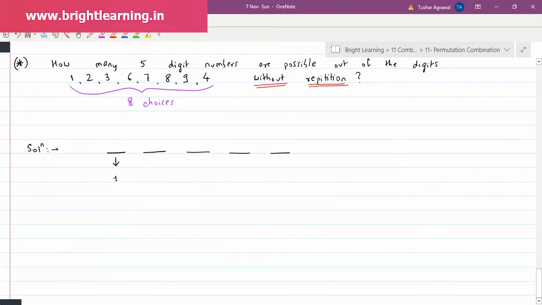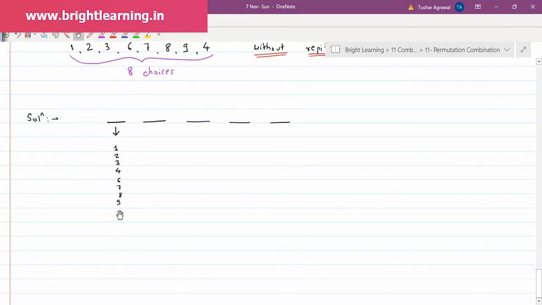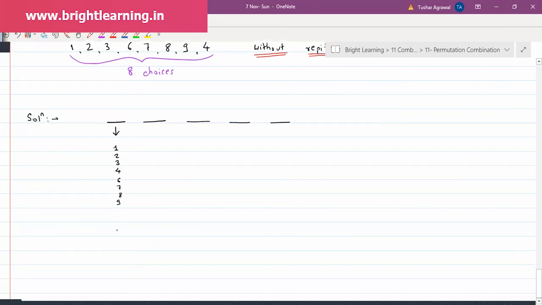The possible digits are 1, 2, 3, 4, 6, 7, 8, 9. So at the first position, total there are 8 choices. Can you see?